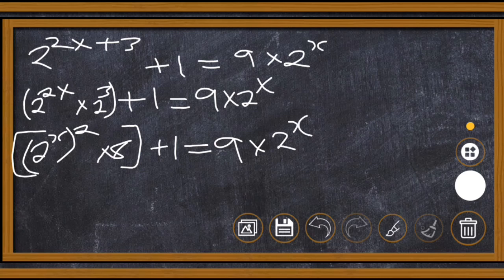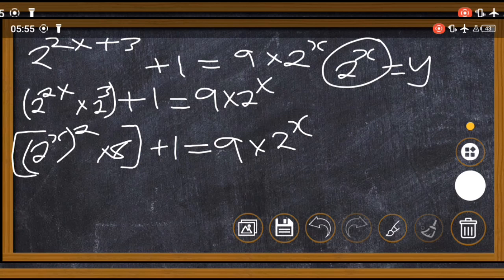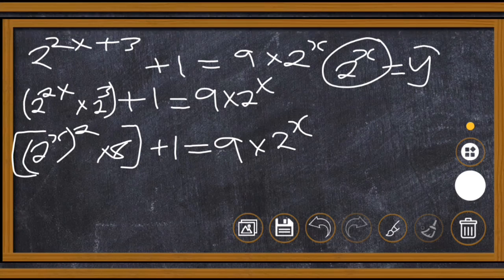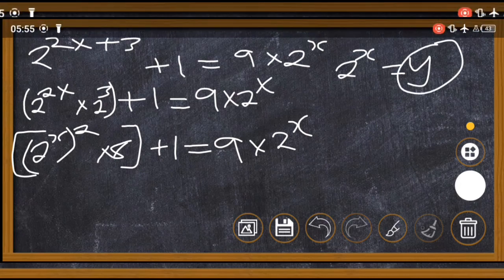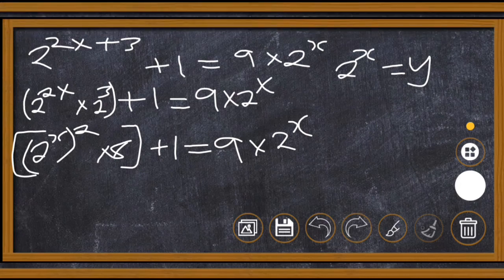Now, after you have reached this point, what we have to do is equate the value of the power of x to a certain variable. You can use n later, however this time let's use y. So where there is 2 power x, let's say there is y. Let's just let this equal one variable so that we can see how we can simplify this.